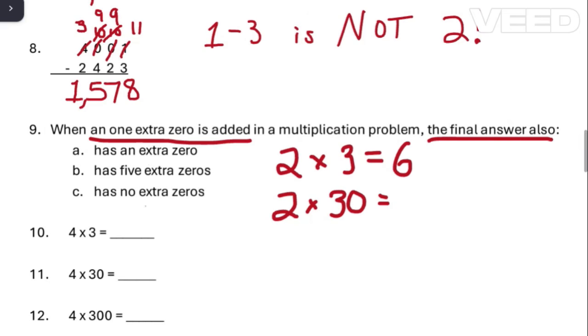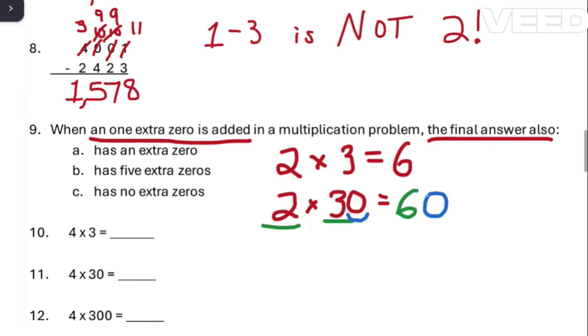And we know how to multiply by multiples of 10, class. We know this. 2 times 3 is 6, so we leave that there. But there is an extra 0 here. We added 1 extra 0. So in our answer, there's going to be 1 extra 0.